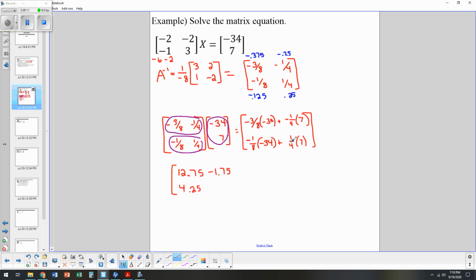And now positive 1/4 times 7 is going to give me plus 1.75. So my final answer: 12.75 minus 1.75, and then 4.25 plus 1.75, so my answer is 11 and 6. So matrix X equals 11 and 6.